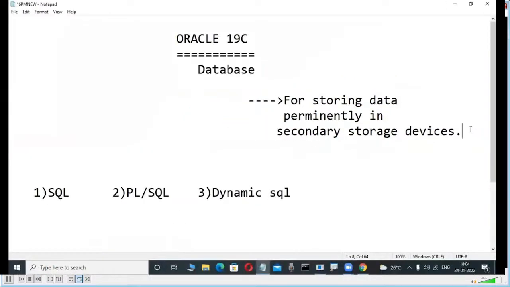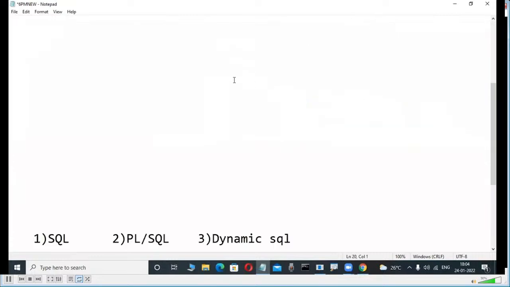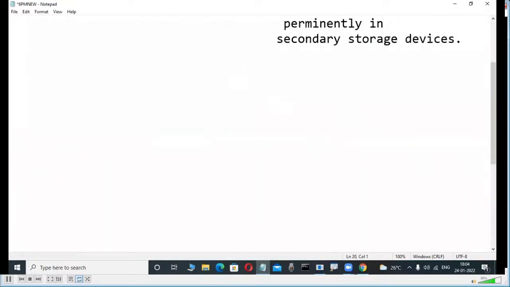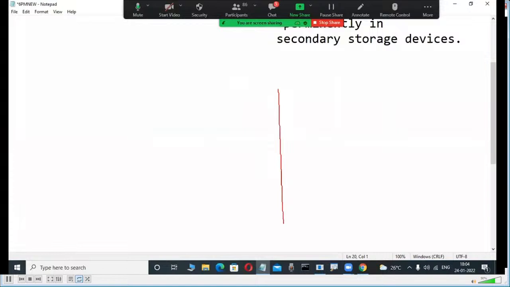As I was telling in the previous classes, a database is a place. Whenever we install Oracle, SQL Server, or DB2, these types of databases in our system, automatically one place is created.